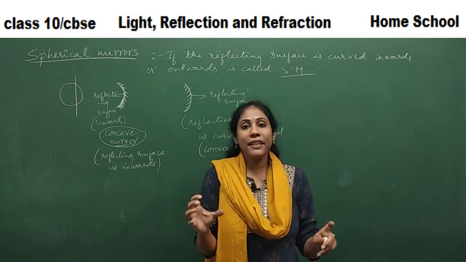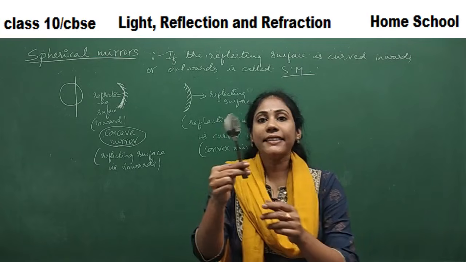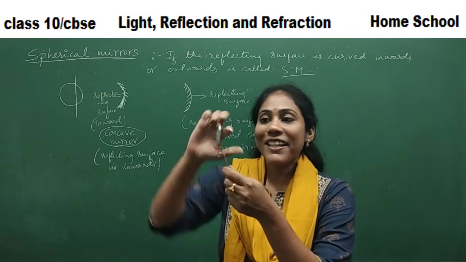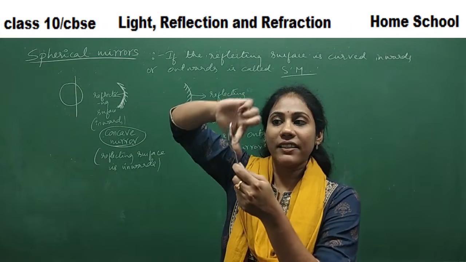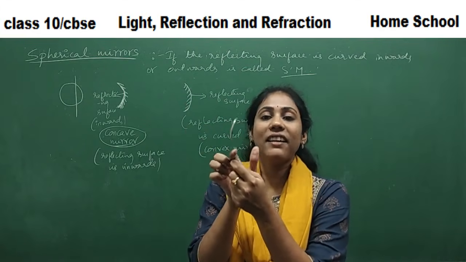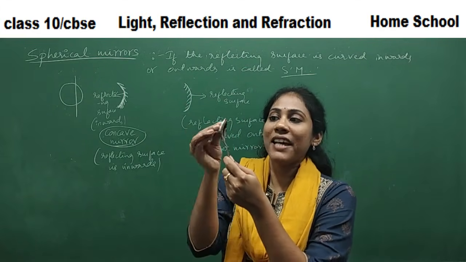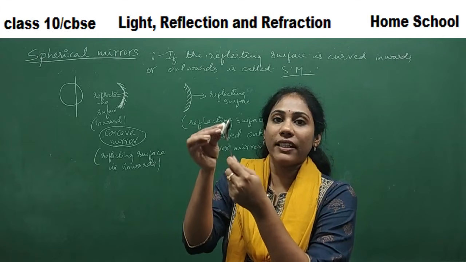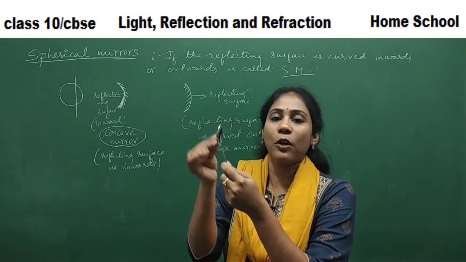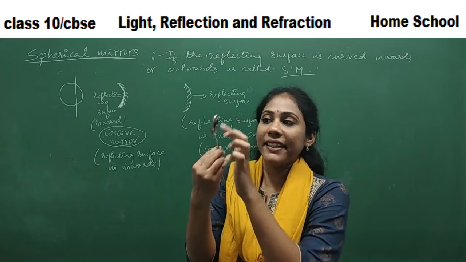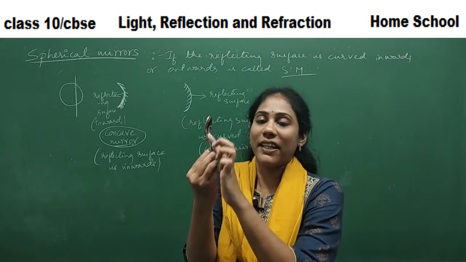The best example is the spoon. This is our spoon, and it has two faces. This is curved inward, this is curved outward. Imagine I polish this outer portion with silver coating. Then this becomes the reflecting surface.